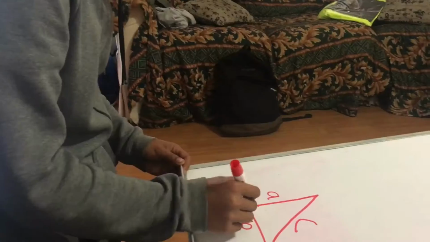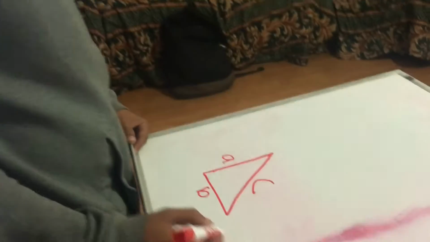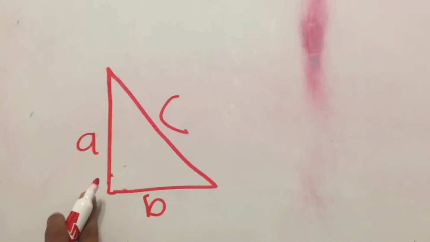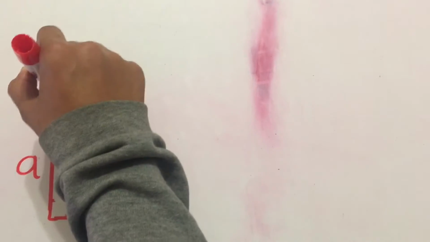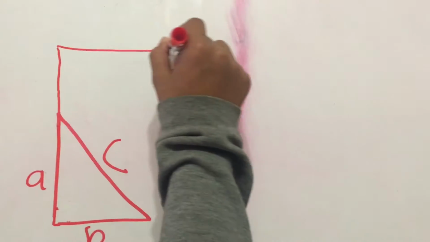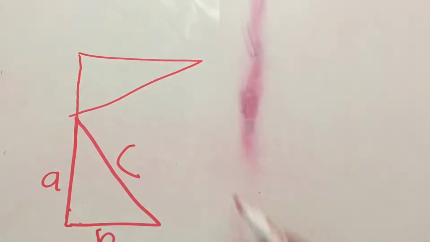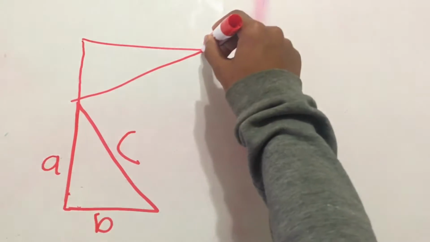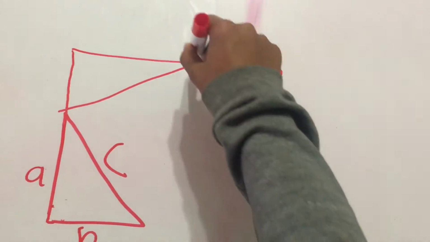You're going to prove this triangle is a right triangle by a series of transformations and rotations. So you can take this triangle and rotate it like this. Then another rotation. Then one more.